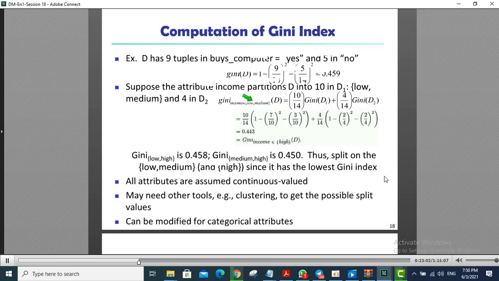If I partition the tuples in D according to the income with values low and medium, I can calculate the Gini of income as this, and we can see Gini of income with low and medium is 0.4443.